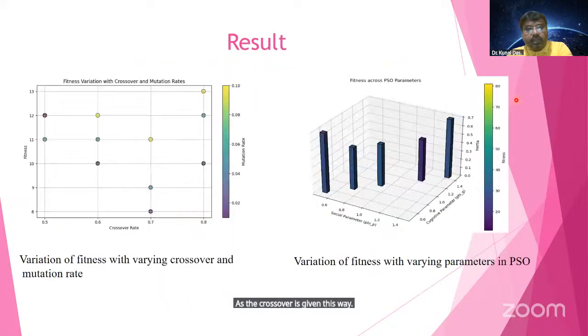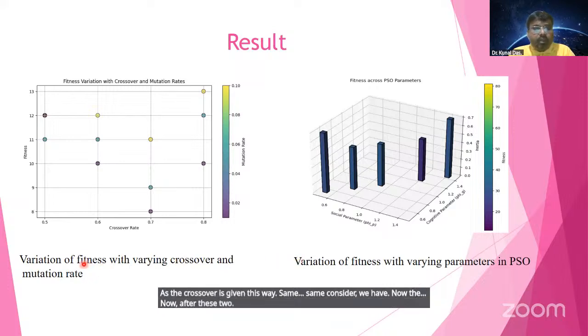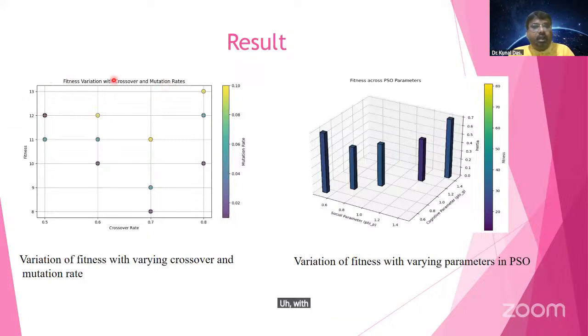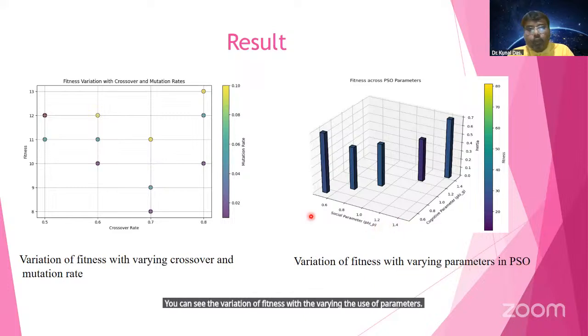Now after these two, we see the crossover rate and fitness values with the crossover and mutations, and what result we get from that. Fitness across the PSO parameters, you can see the variation of fitness with varying PSO parameters. This is where the PSO parameters are varying, and the crossover rate we have considered.